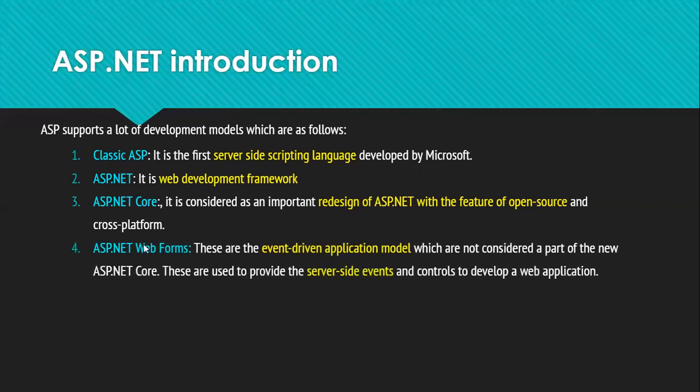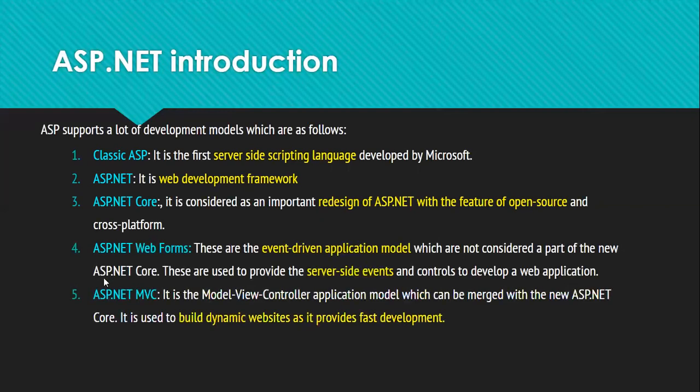Next is ASP.NET Web Forms, which is used when you want to create an application where you require an event-driven application model. It is also used to provide server-side events and controls to develop a web application. Next is ASP.NET MVC.